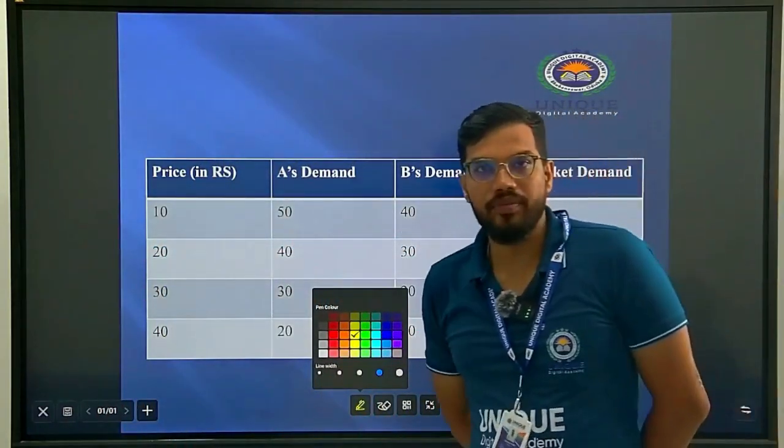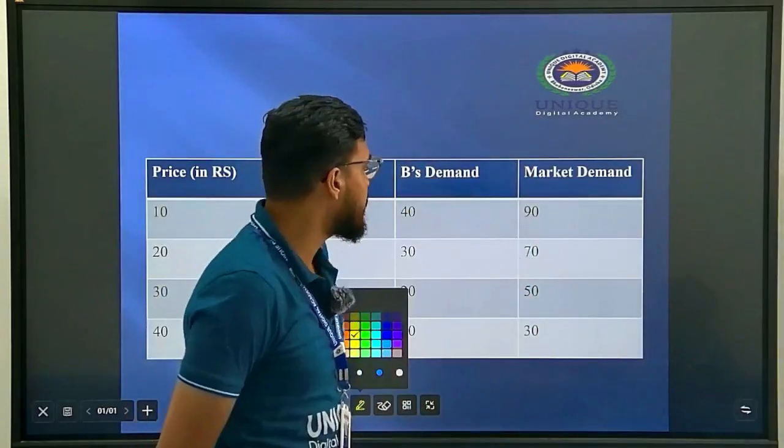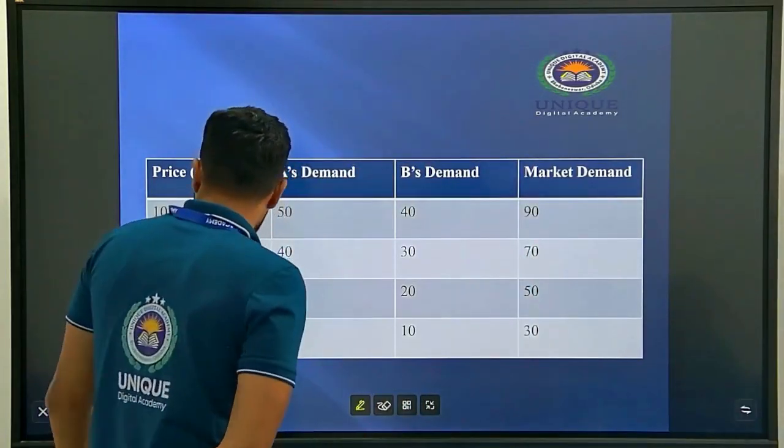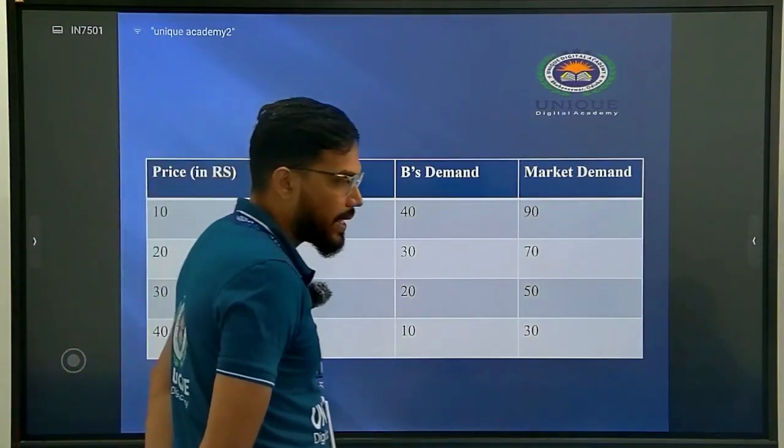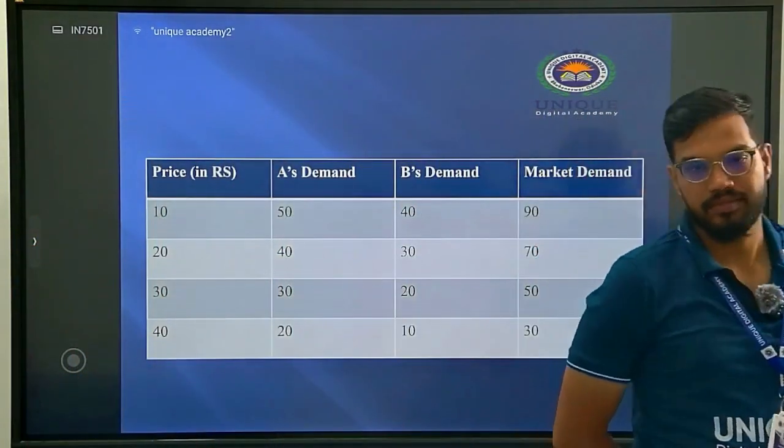As all of you know, there exists an inverse relationship between price and quantity demanded of a product.